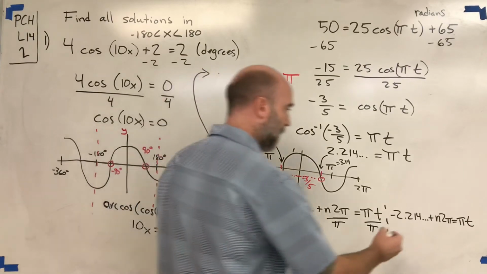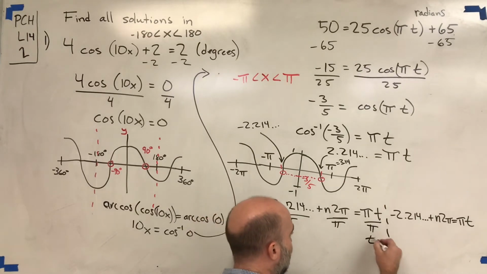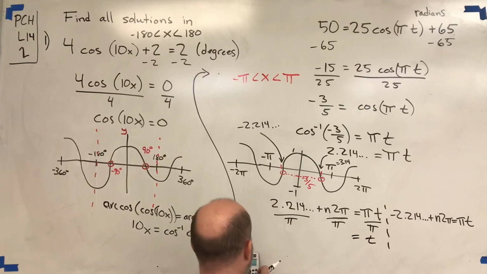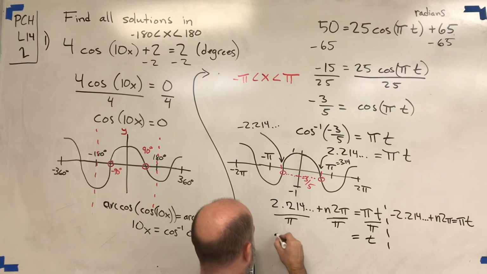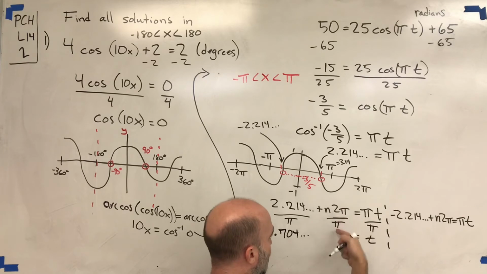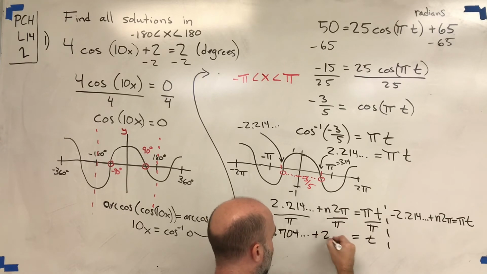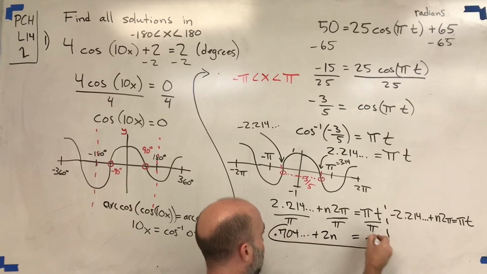I'll just go ahead and simplify one at a time. So this answer is t is equal to 2.214 divided by pi, which is 0.704 dot dot dot, and then these pi's cancel, plus 2n. All right, so there's one solution.